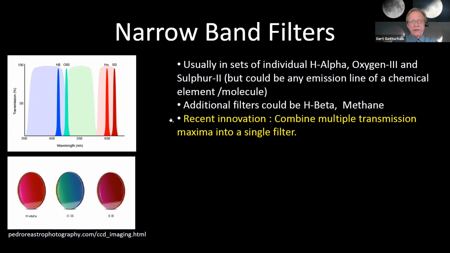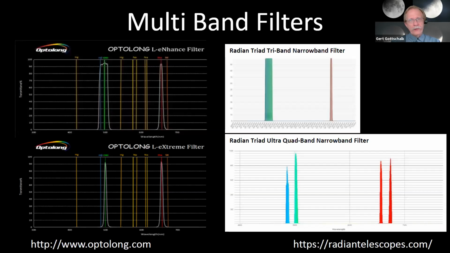Now, a recent innovation would allow you to actually combine multiple of these transmission windows onto a single filter. And that's what you would call these multi-band filters. Here are some examples.